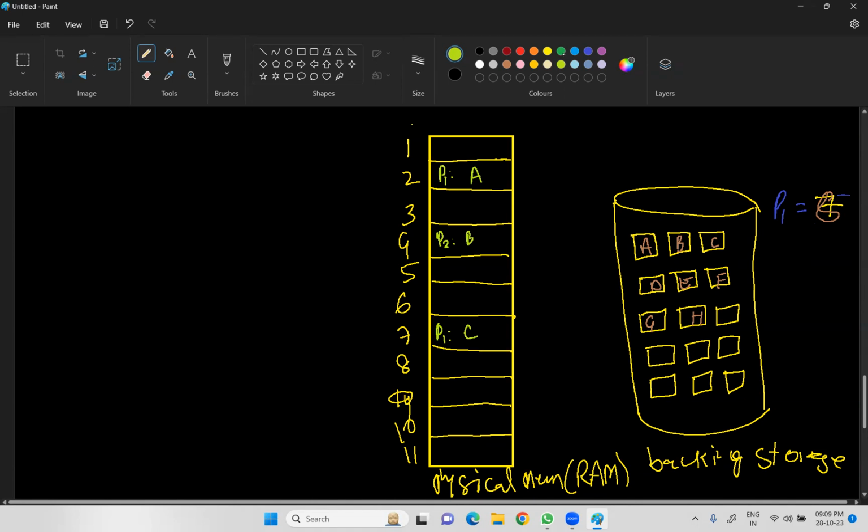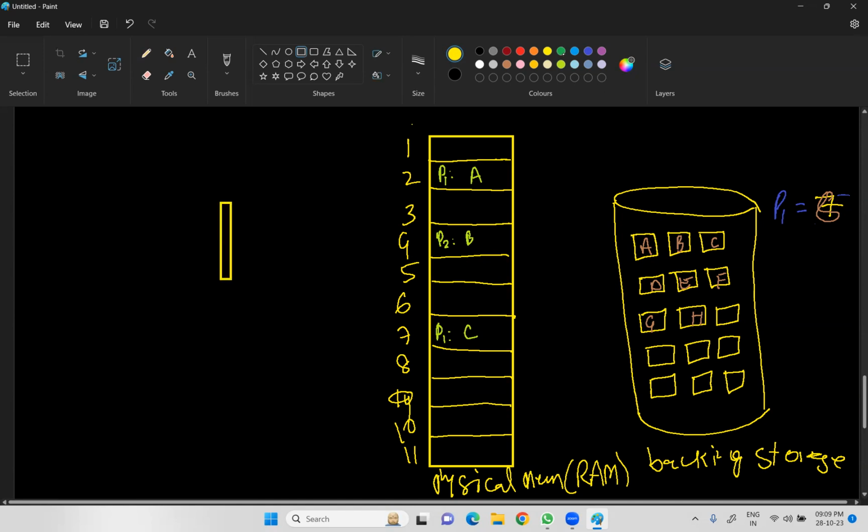I believe that you do remember the page table structure. The page table structure is n by 2. In the n by 2, the first column is the page number, the second is the frame number, and n rows will be there. So let me draw that one more time here.